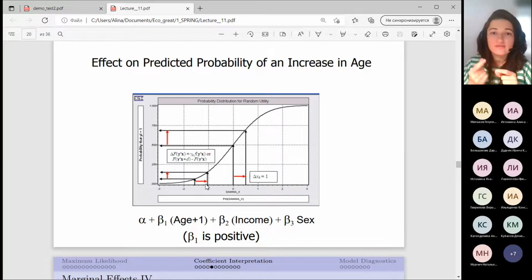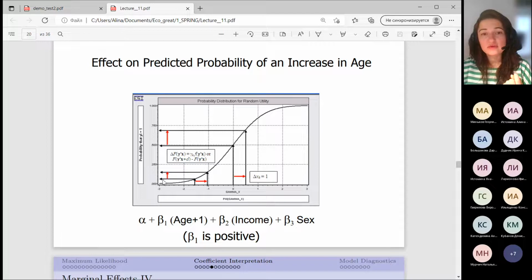The marginal effect means that if we increase X by 1 unit, we need to find the response in the dependent variable, in probability. So let's say that we increase by 1 unit from, let's say, minus 1.2 to minus 1. And you can see here that the response in the dependent variable, in the probability, will be rather small.